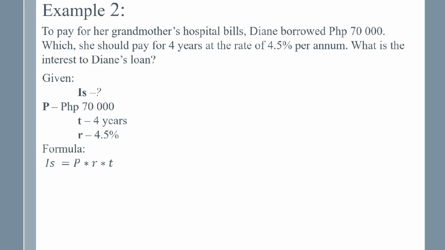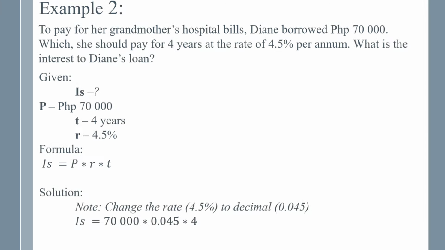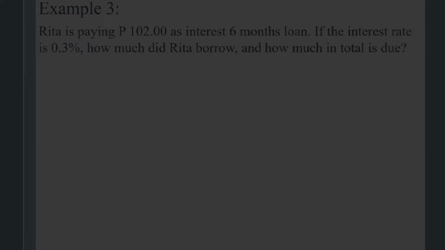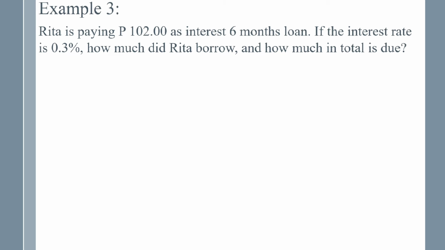If we substitute the givens, it will be 70,000 times 4.5 times 4 all over 100. So the amount of Diane's interest accumulated by the end of 4 years is 12,600 pesos.